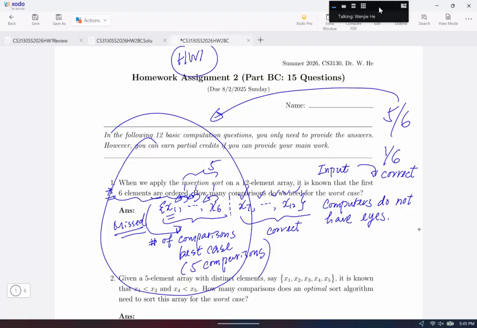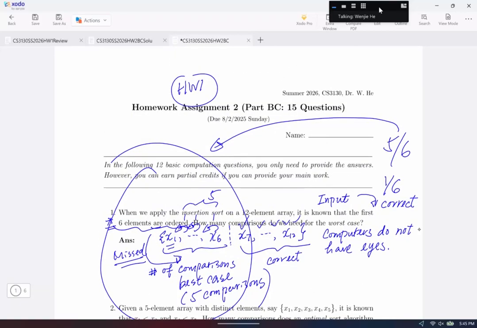Next, I talk about our final exam. How do I modify questions? Basically I modify our old questions for the final. For example, for this question, I can modify it in this way.